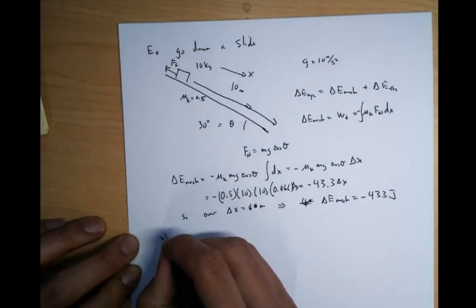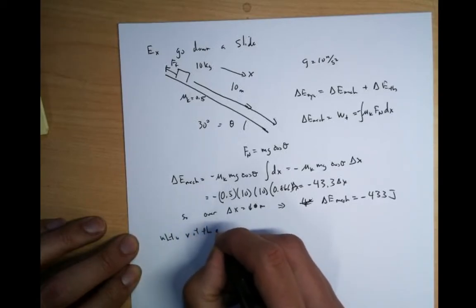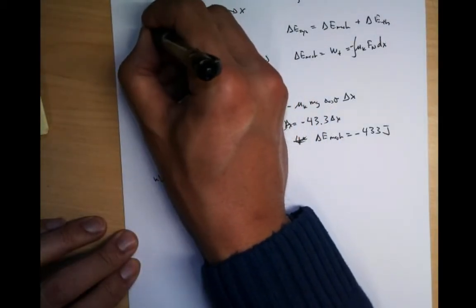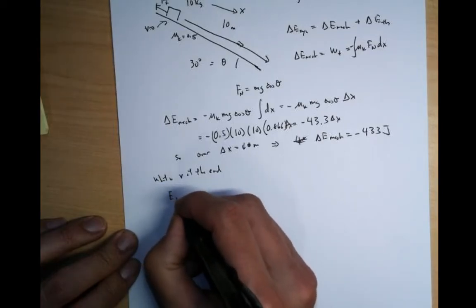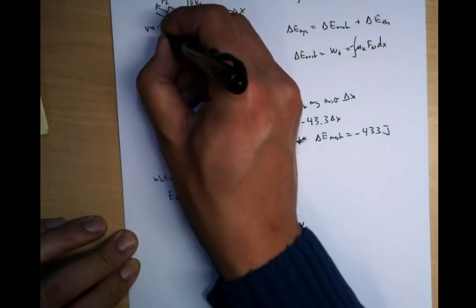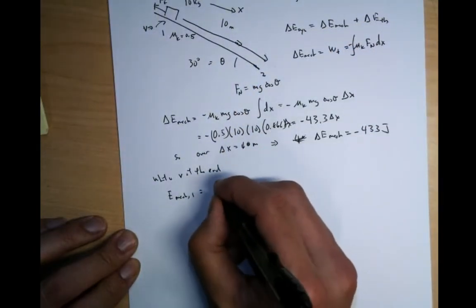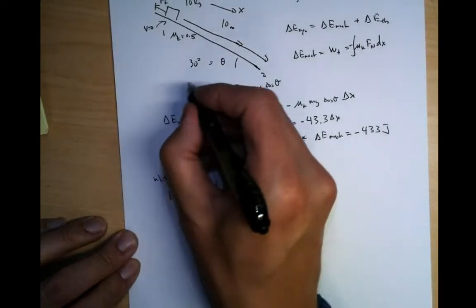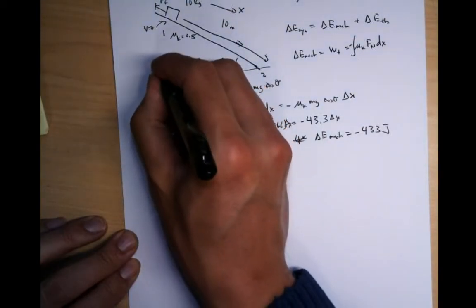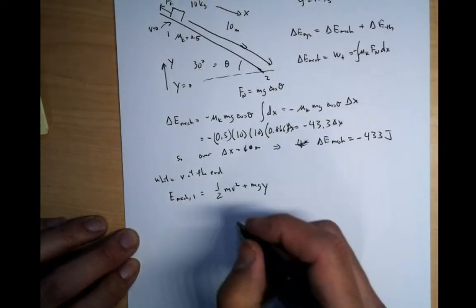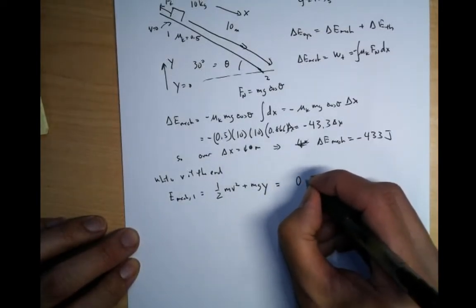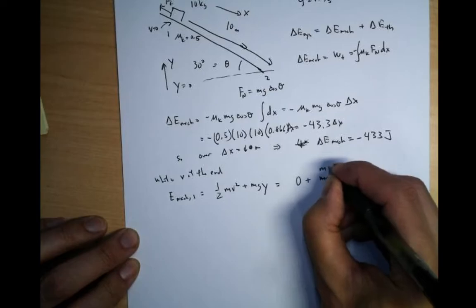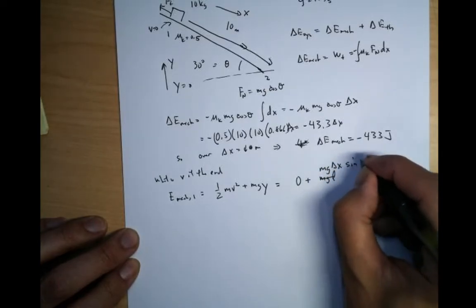Okay, so what is v at the end? At the start, v equals 0, so it's at rest. Mechanical energy at 1 is equal to 1/2 mv squared plus mgy. Let's pick y equals 0 at the bottom, with y pointing up. So this is equal to 0 plus mg delta x sine theta.